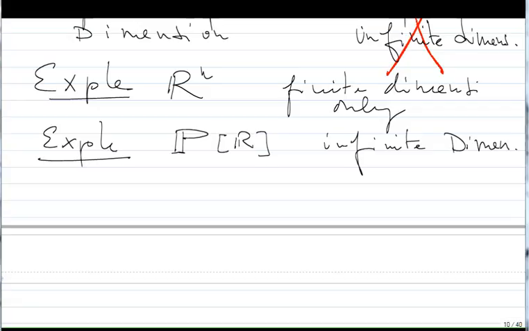Another concept that will be useful for us, especially when we're dealing with Hilbert space, is the concept of direct sum of subspaces.